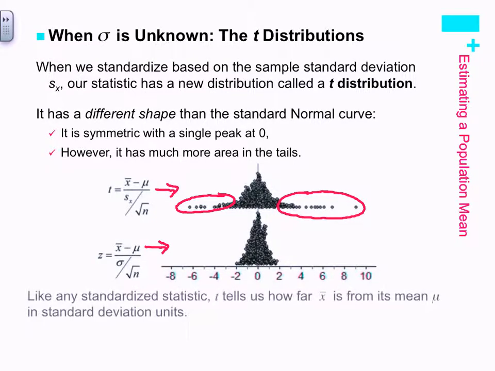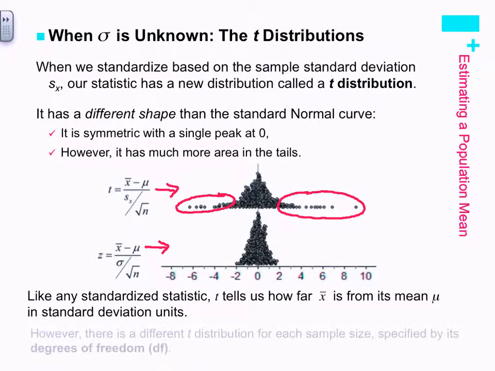So we call it a t-distribution instead. Like any standardized statistic, t tells us how far x-bar, our sample mean, is from its population mean in standard deviation units. However, there is a different t-distribution for each sample size. We specify a particular distribution by giving it its degrees of freedom.